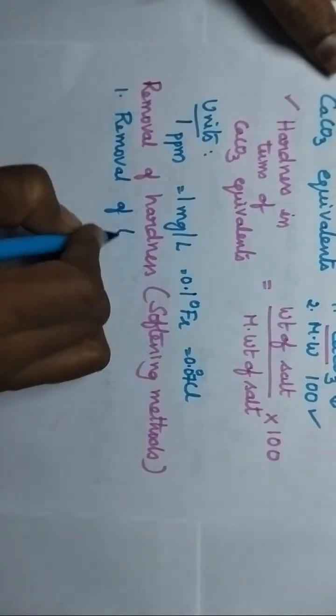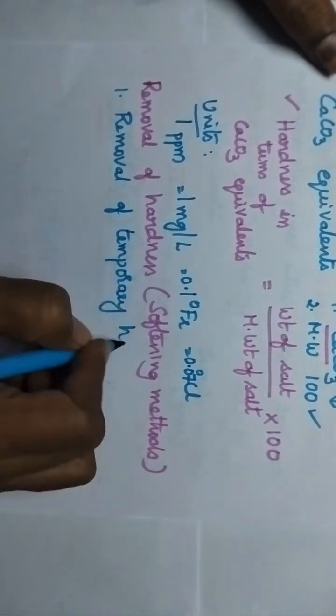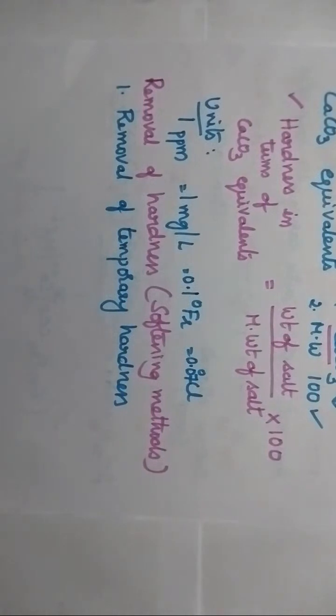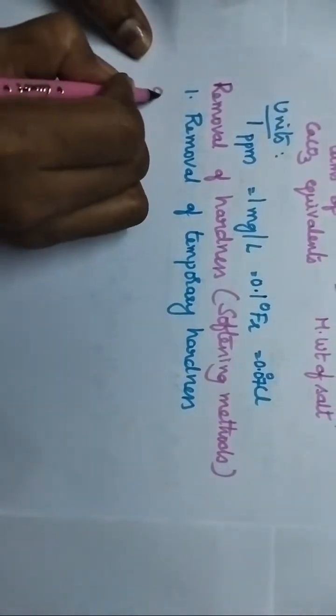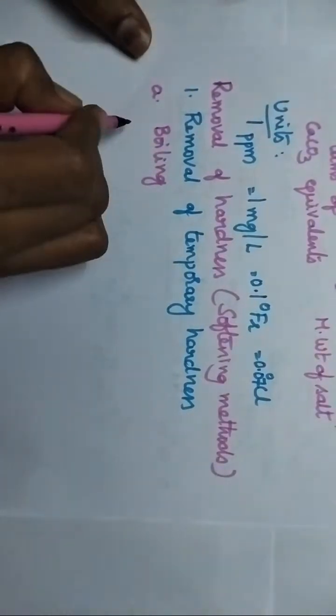Removal of temporary hardness, and this can be done by following any one of the methods. One is simply by boiling. So whenever water is boiled, then what happens?